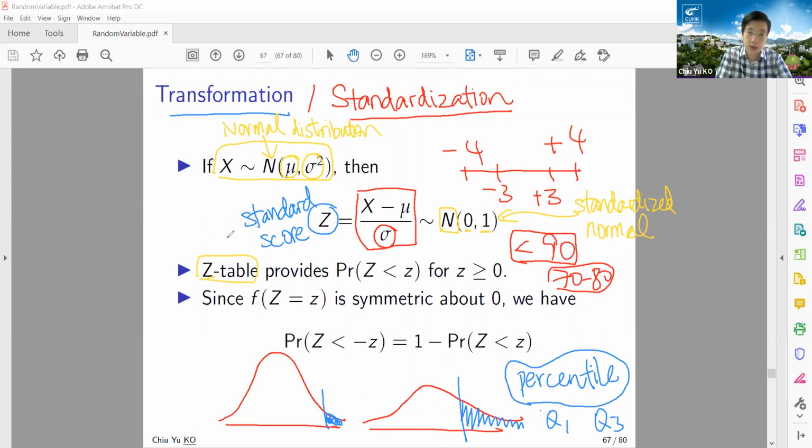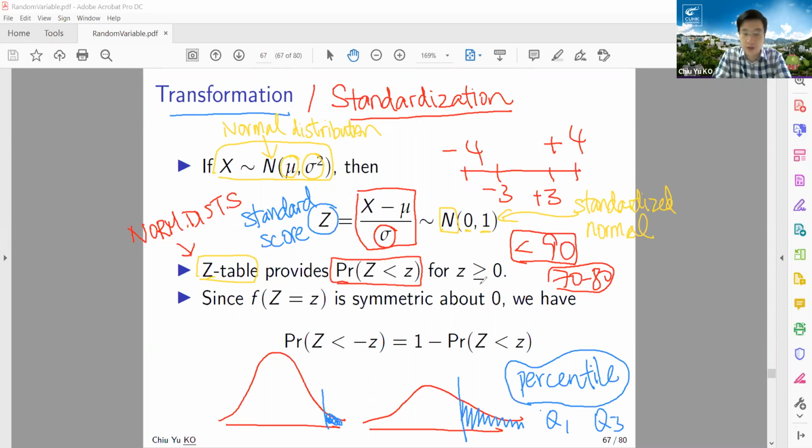In Excel, we call it NORM.S.DIST, I think, normal distribution standardized. But anyway, we will talk about that very soon. And this will give you this probability for Z, okay?